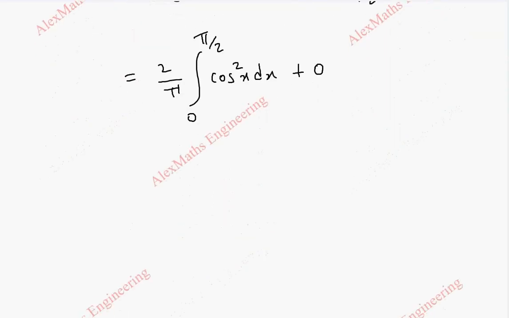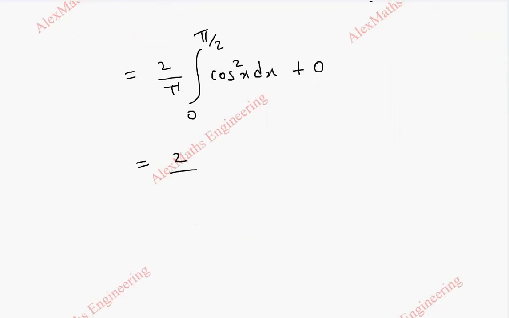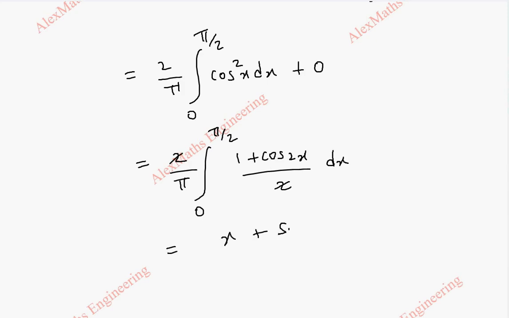When we want to integrate cos square x, we have to replace cos square x by the trigonometric formula, which is 1 plus cos 2x by 2. We can cancel this, then we can integrate this. This is x plus sin 2x by 2, and we have from 0 to pi by 2.